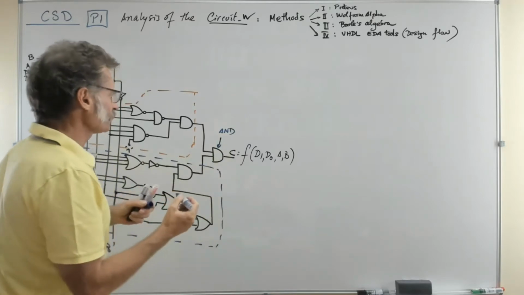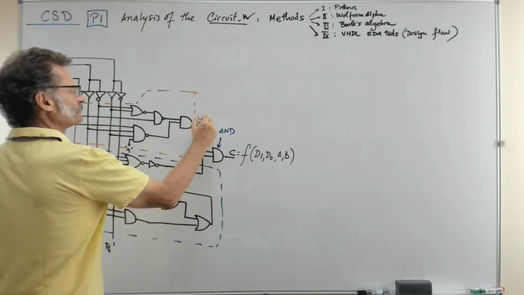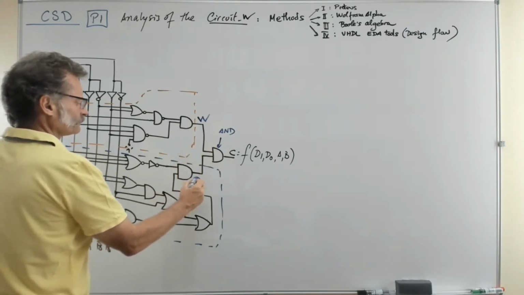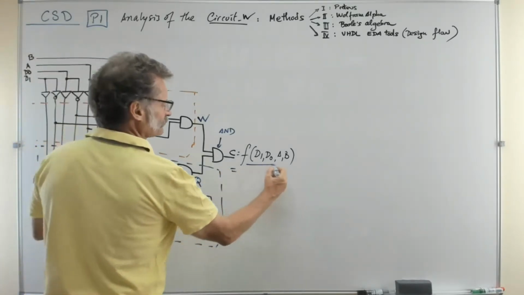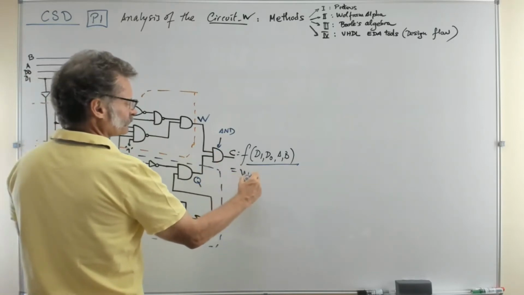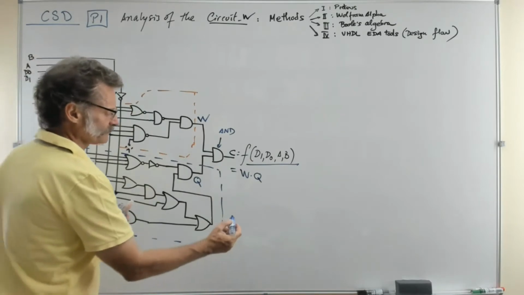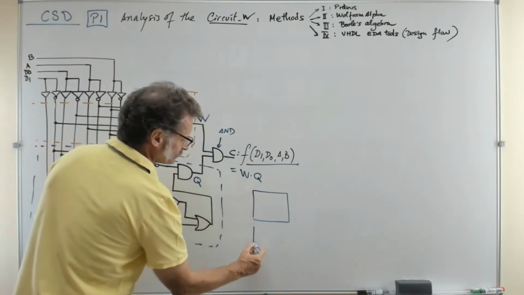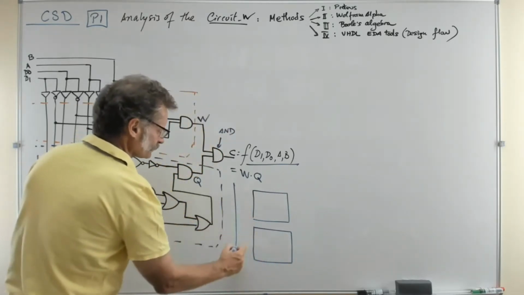So you can go and level the wires if you like. For example, this is going to be the W and this is going to be, I don't know, for example, the Q. Okay? So C, yes, it is this, but the C is also the equation W and Q. So in this way, you can imagine that this big circuit is nothing but the connection of two smaller ones.